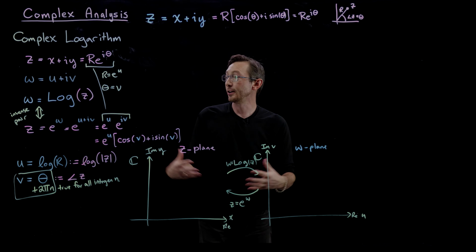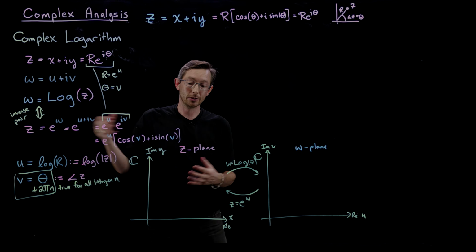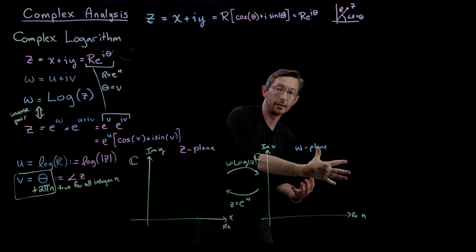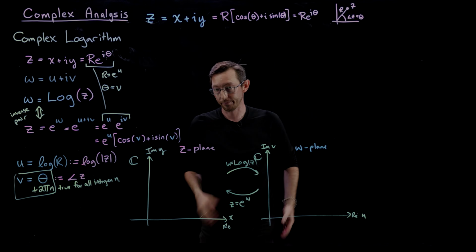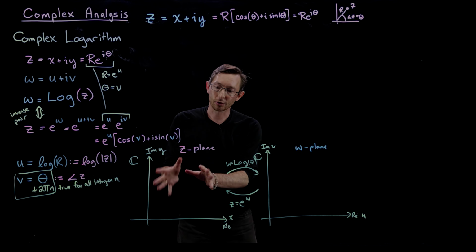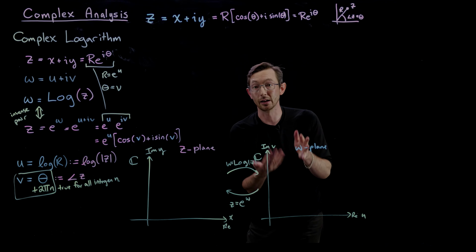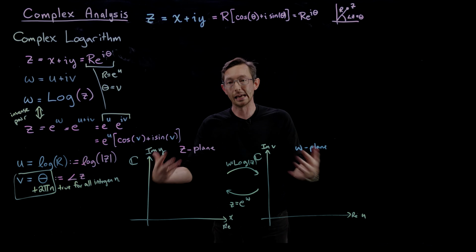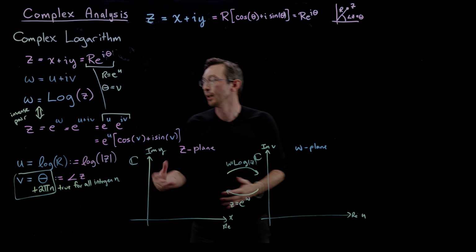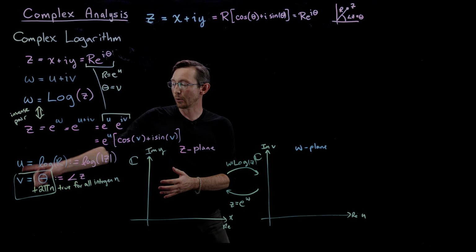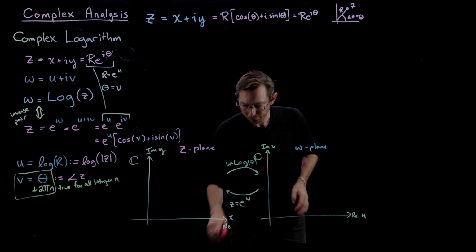Essentially what the functions log and e do is map me from the z plane to the w plane and back and forth. Okay? And so I'm going to draw my z vector in my z plane, and my w vector in my w plane, and we're going to understand pictorially what this relationship means and what it means for this to be multi-valued.